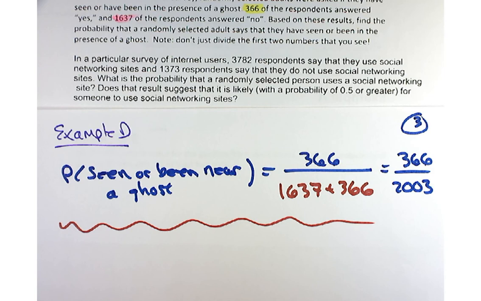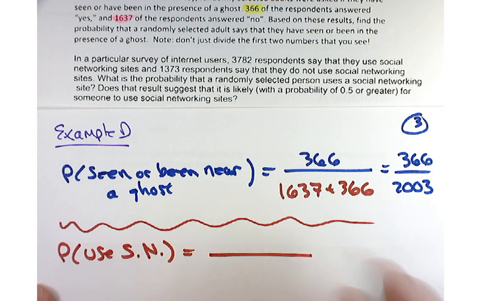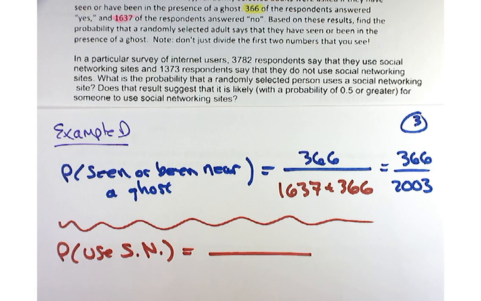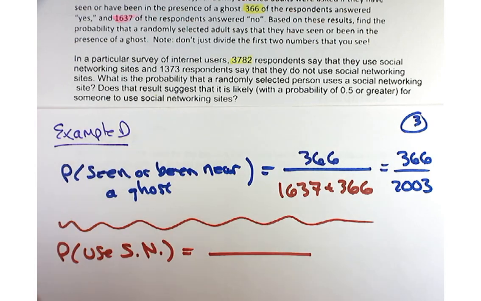Does that result suggest that it is likely, with probability greater than 0.5, for someone to use social networking sites? So, the probability that they use social networks. So again, you've got to put together a couple of numbers. So let's highlight some of the things that we need here, and here.